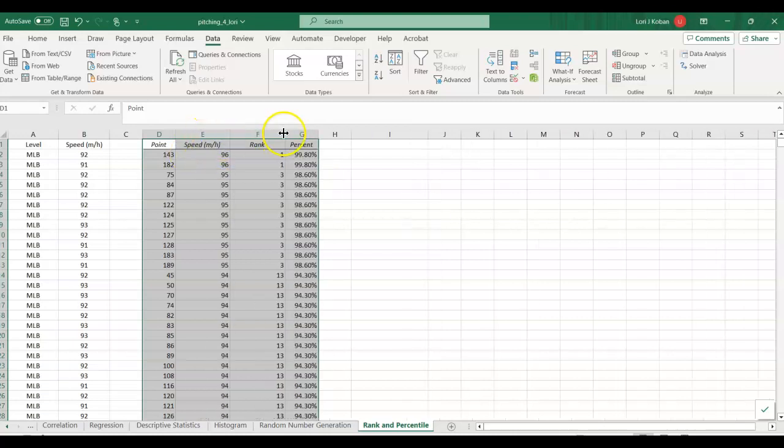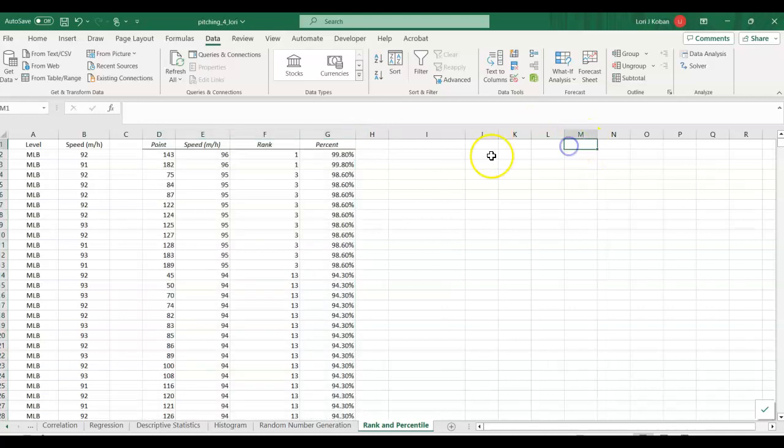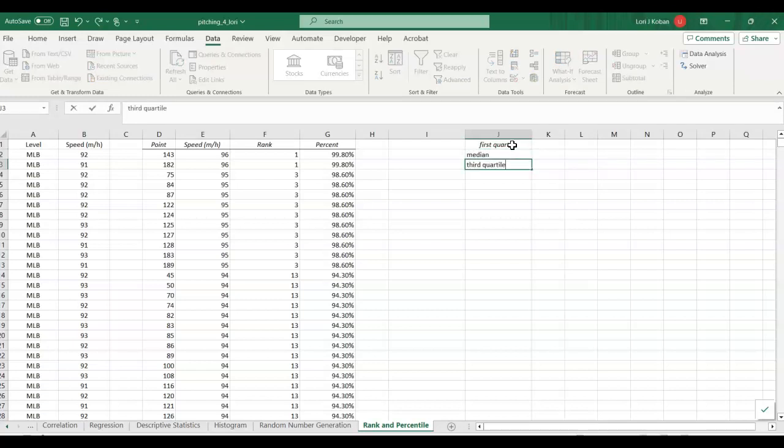So this is something that you can do to expand on the notions of first quartile, median, third quartile. Let's just say like the 30th percentile, the 90th percentile.